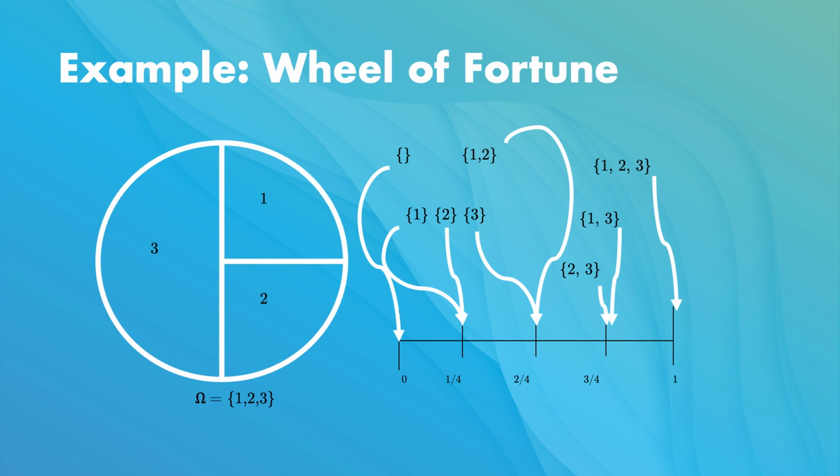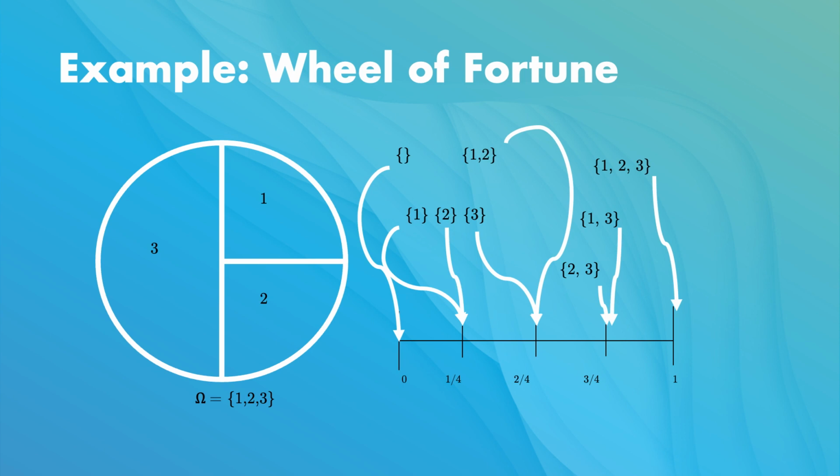As you can see, we have a sample space of 3 elements, the 1, the 2, and the 3. And we have here the range of possible values for a probability, which is between 0 and 1. And then we have all the possible events. So we have the empty set, the set with 1, the set with 2, and other sets of interest, namely the sample space, 1, 2, 3.